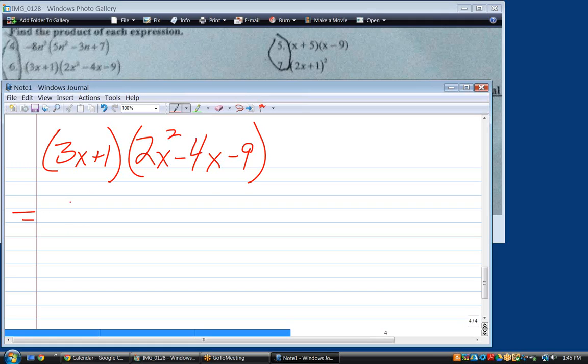Hold on. So that would be 6x to the third. Okay. And then it would be negative 12x squared. Because 3x times minus 4x, you multiply the numbers and you multiply the variables. Then minus 27x.